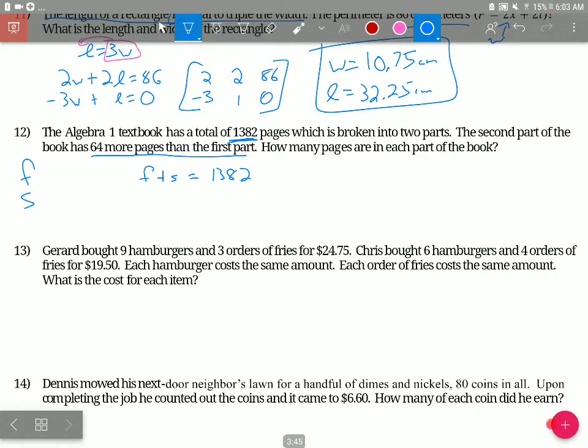Alright, the second part of the book has 64 more pages than the first. Well, it's a comparison. The second, so that's S, has, there's your verb, equals 64 more, so that's a positive 64, than the first.